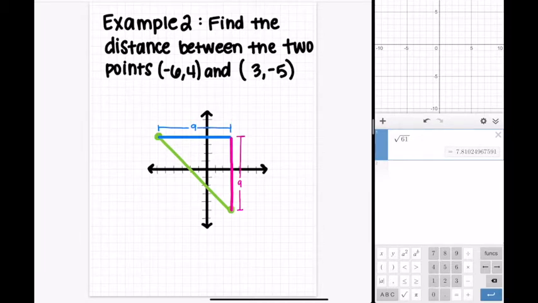Okay, that's where our right angle is formed. So the hypotenuse, or the green side, is our C that we don't know. We're trying to find that length.